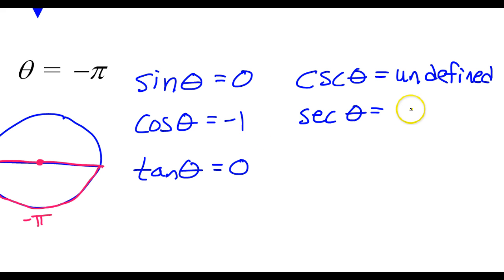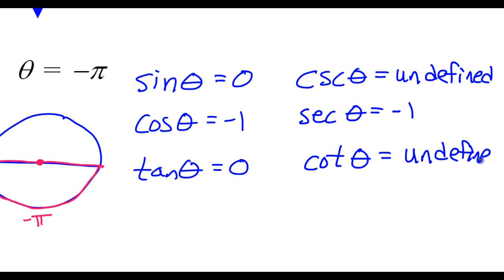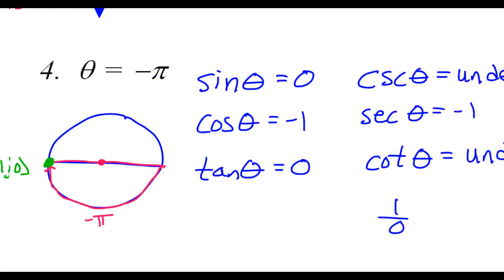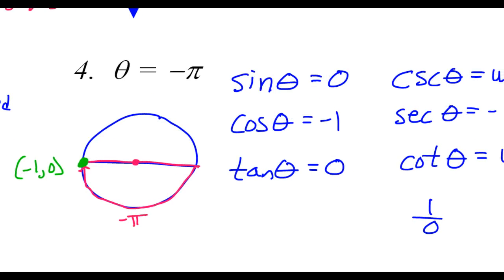The reciprocal of -1 is still -1. And cotangent is the reciprocal of tangent. And once again, that is going to be undefined. You cannot take the reciprocal of 0. That's like having 1 over 0, undefined. So there you have it, your 6 trig values of this situation.